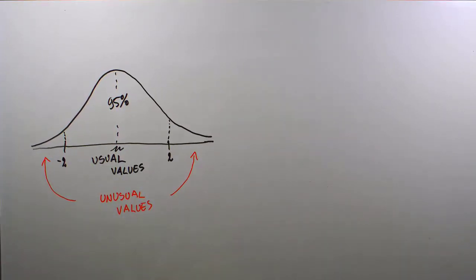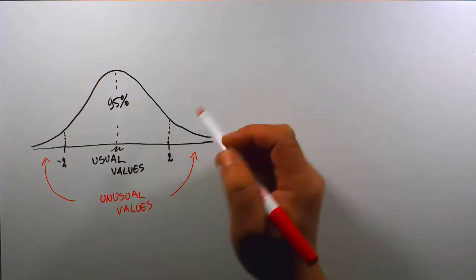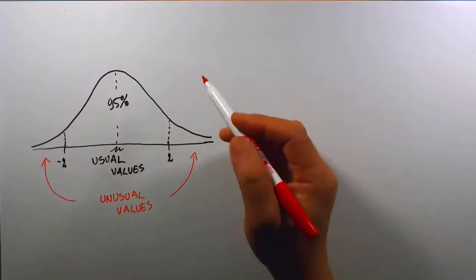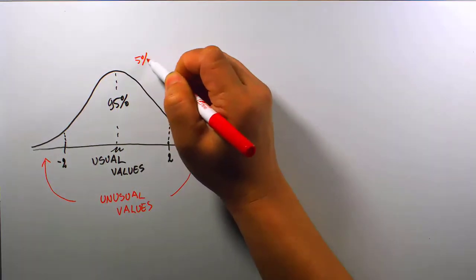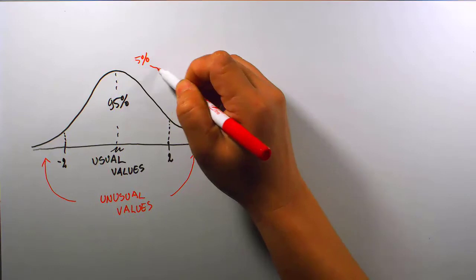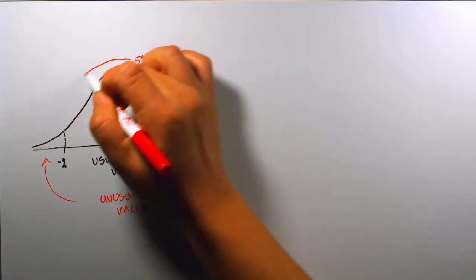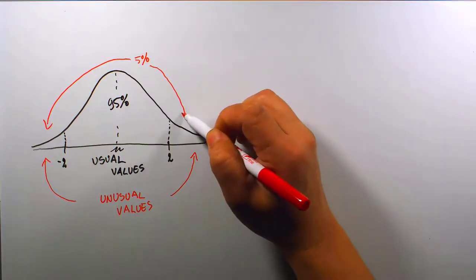And so according to the empirical rule, there's only 5% of area on the bell curve outside, and that area is equally distributed on the 2 little tails here.